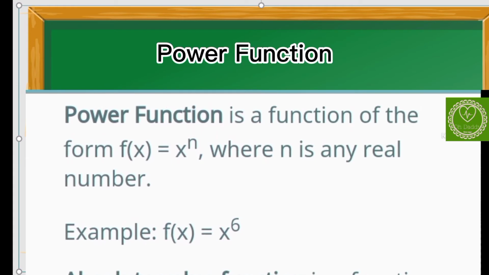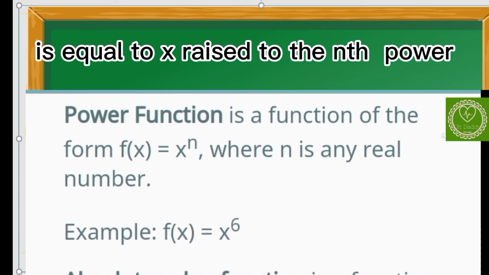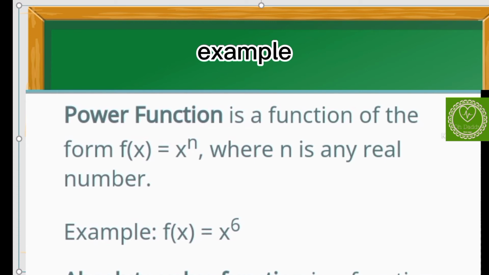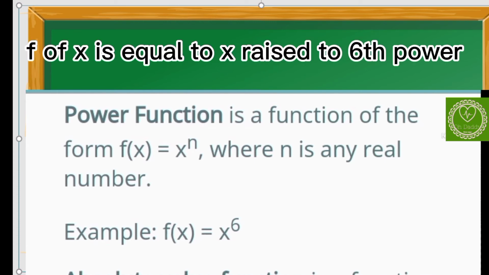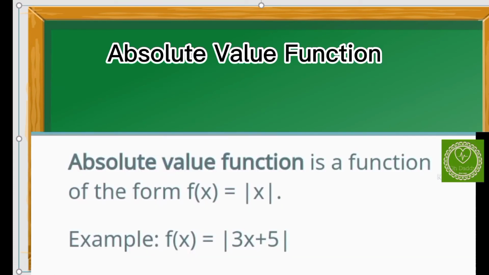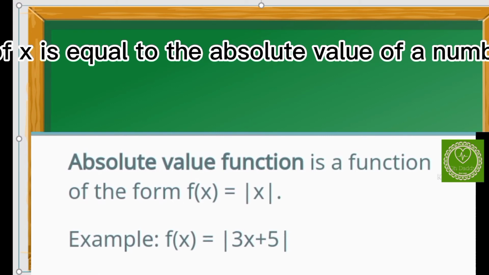Power function is a function of the form f(x) = x^n, where n is any real number. Example, f(x) = x^6. Absolute value function is a function of the form f(x) equal to the absolute value of a number.